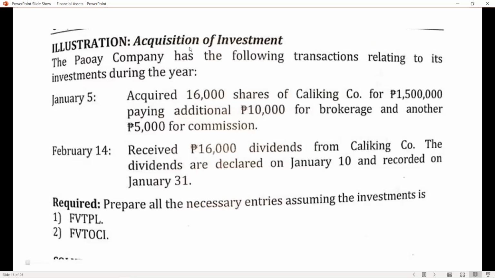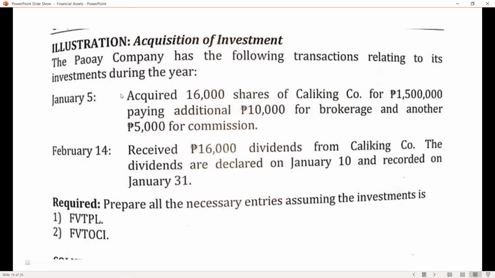So, ito, illustration, acquisition of investment. The PAOI company has the following transaction relating to its investment during the year. So, noong January 5, nag-acquire siya ng 16,000 shares of Kaliking Corporation for 1,500,000, paying additional 10,000 for brokerage and another 5,000 for commission.